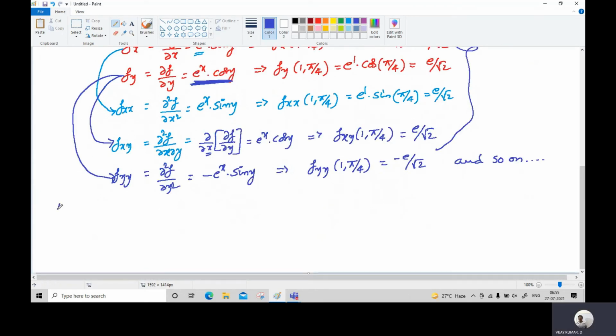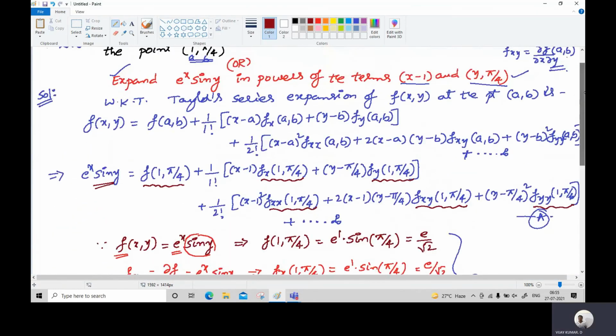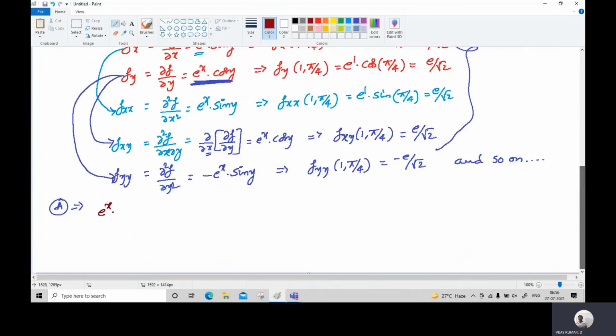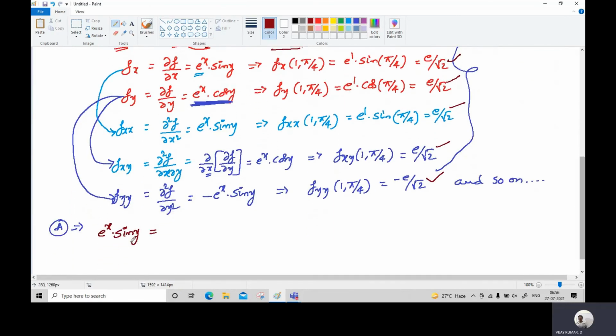Now equation A implies e power x into sin y. The first term is f of (1, pi by 4), which is e by root 2. All are e by root 2 except the last value. The last value is minus e by root 2.